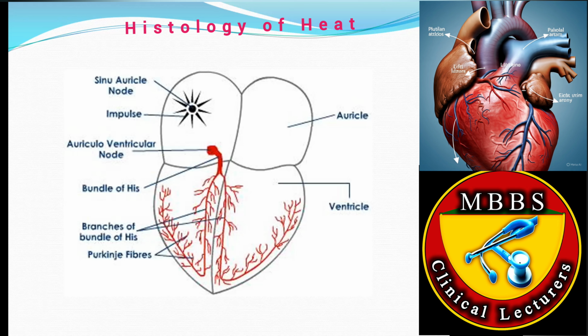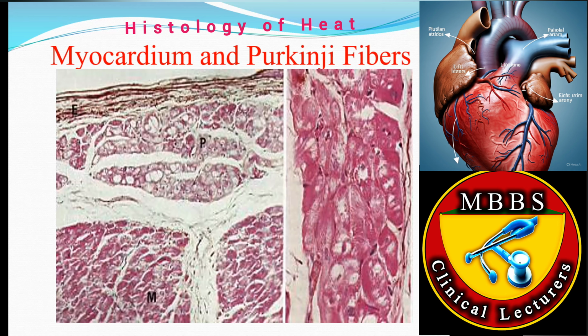Then near the apex they turn back towards the periphery. That is called the Purkinje fibers, at the outer walls of the ventricles. Here in this diagram we can see the myocardium and the Purkinje fibers. P stands for Purkinje fibers and M for myocardium.